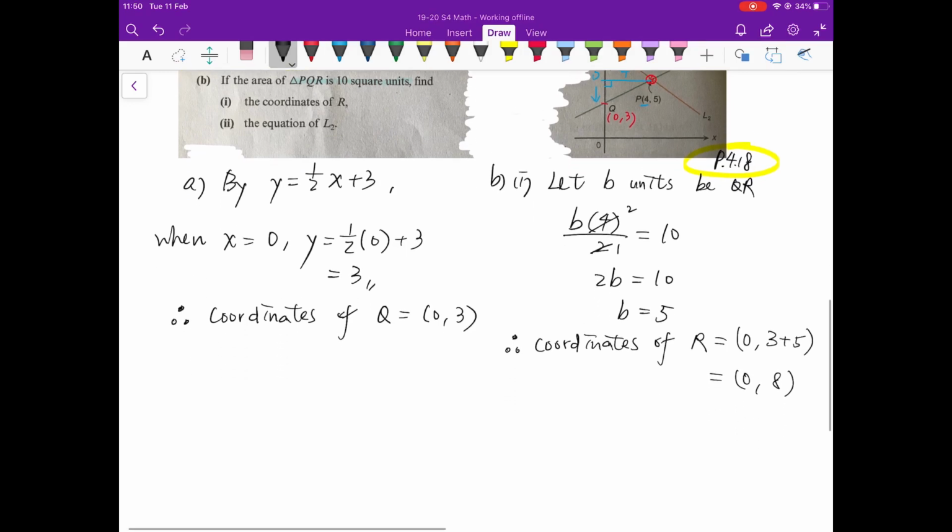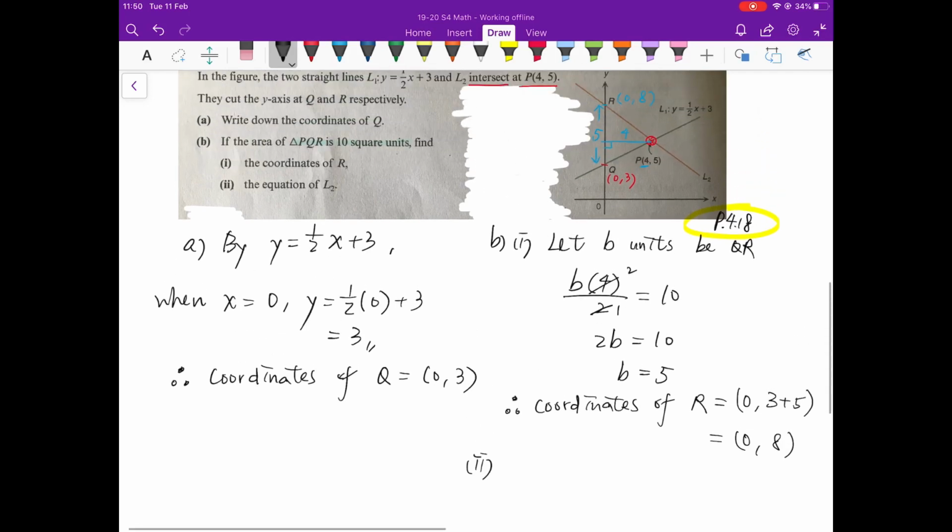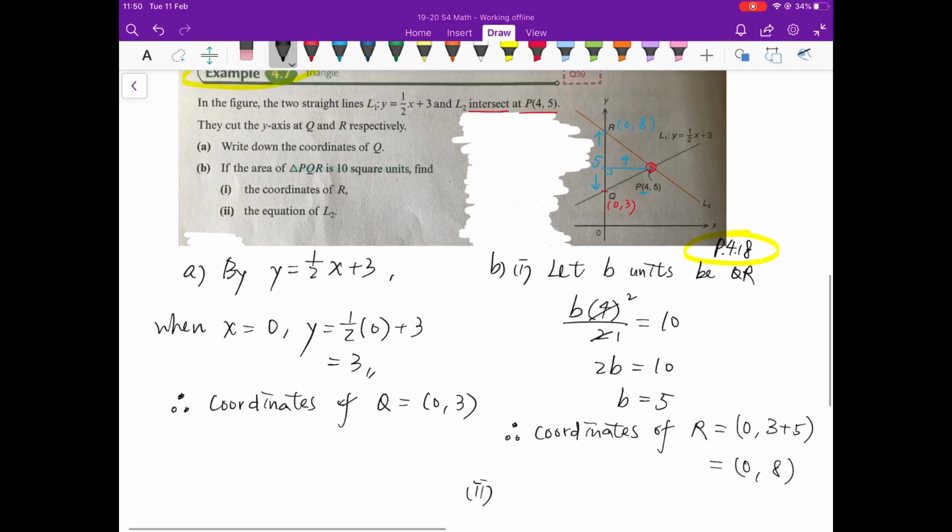Okay, finally, for part B2, it asks you to find the equation of L2. So let's take a look at the figures. In these figures, we already have two coordinates for L2. One of them is R, that is x1, y1, and for P, 4, 5, it is x2, y2.